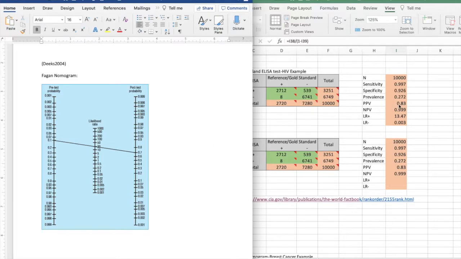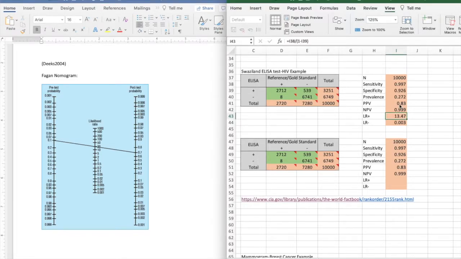This is basically us getting back to what positive predictive values and negative predictive values give us, which is prior and posterior probabilities. We can do almost the same thing. We can actually use the nomogram for positive predictive values too with likelihood ratios. So let's use this for example.